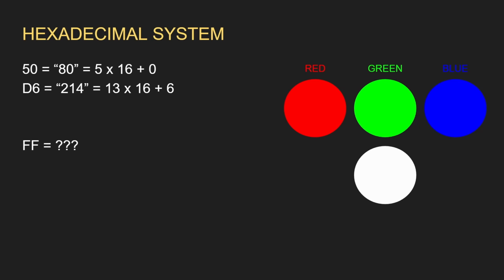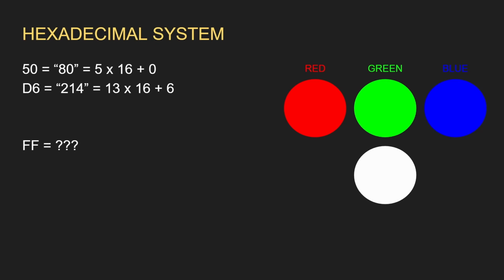In the second example, we have D6, which would be 214. So we take the first character, which is the D letter, which is 13 in the decimal system. Then we multiply it by 16, and then we add the second character, which is 6. So 13 times 16 plus 6 equals 214.